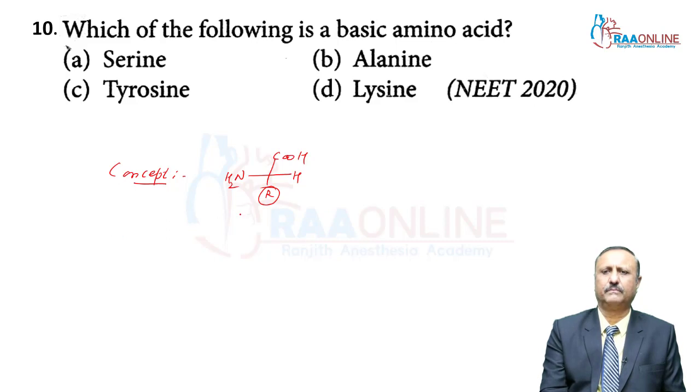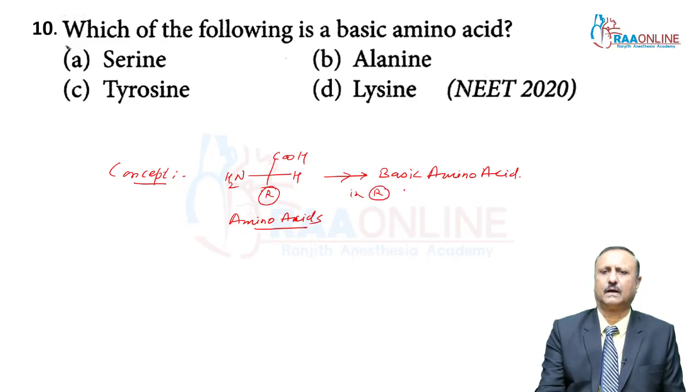These are called amino acids. And basic amino acids are those compounds in which the R group is basic in nature.